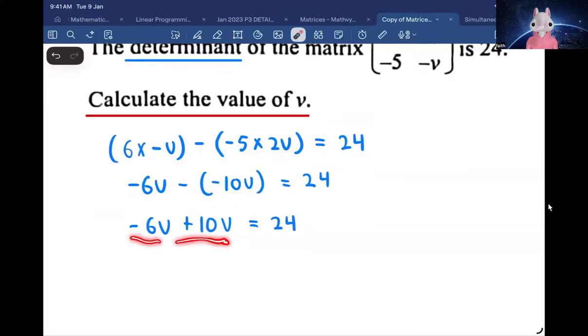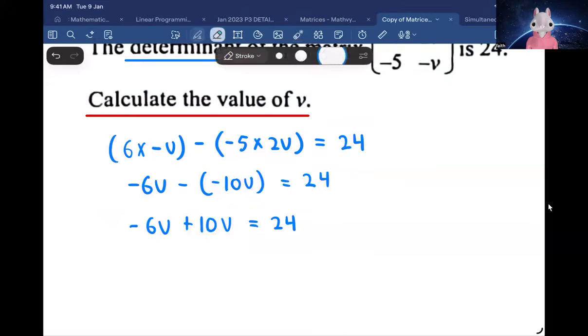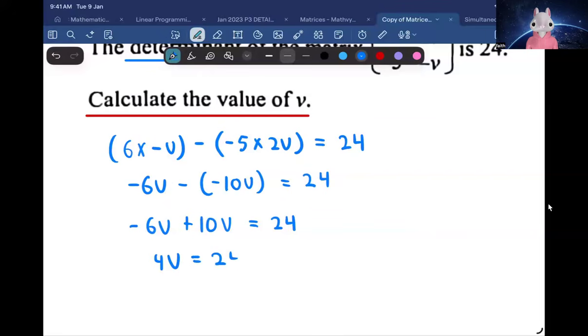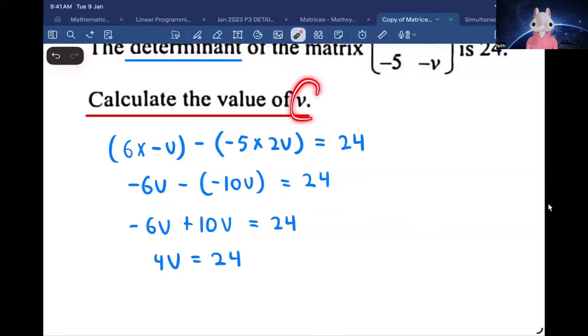Did that confuse you? No, sir. All right, so we have minus 6v plus 10v. If this is confusing you, put it into a calculator. What's minus 6 plus 10? 4, sir. So it has to be 4v, right? We want to find v, not 4v.